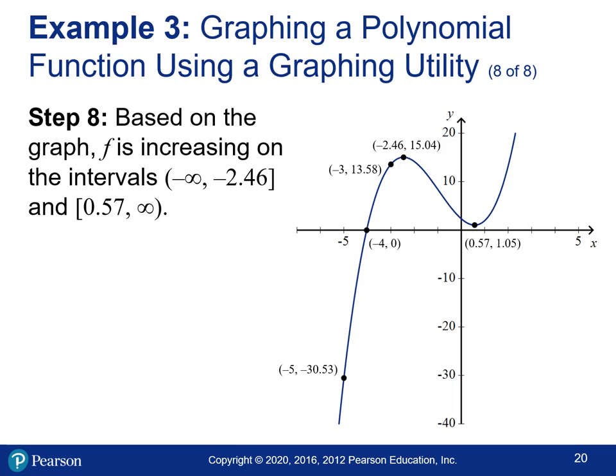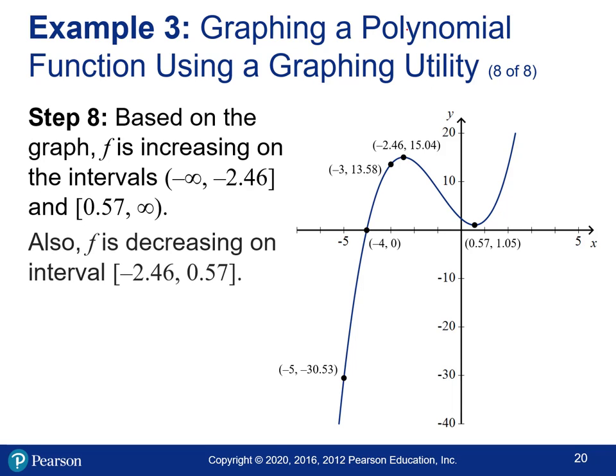We talked about it a little bit: the graph is increasing from -infinity until -2.46, and then increasing again starting at 0.57, and it decreases in between those two x values, and so that's the interval for decreasing.